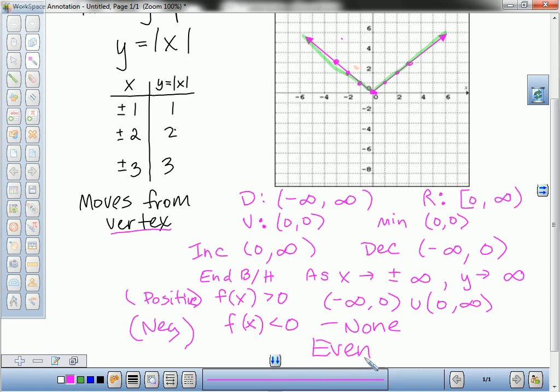Okay, so this is what you need. These notes are what you need, and now we're going to practice it with a whole bunch of different kinds of problems. It's neither if it shifts left or right.